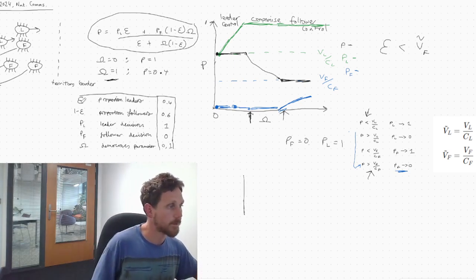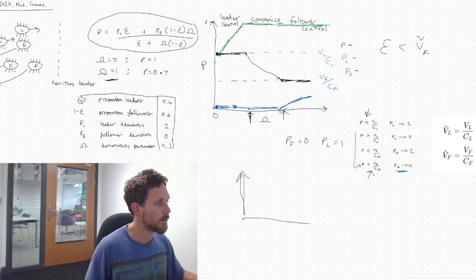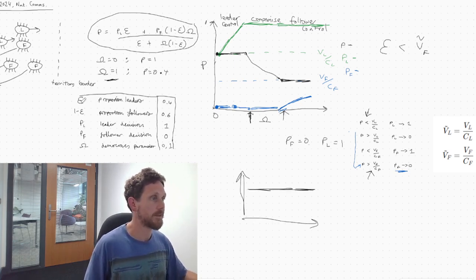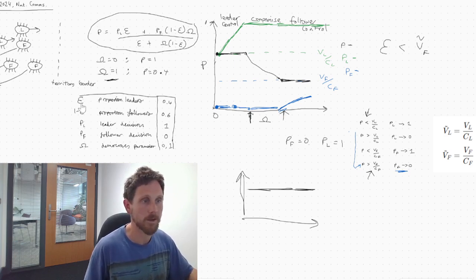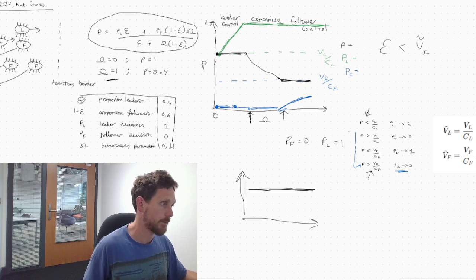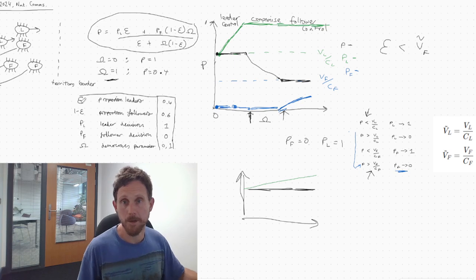So perhaps the plot looks more like this, where P remains on VL over CL over the course of the whole plot, and PL increases but never actually reaches 1.